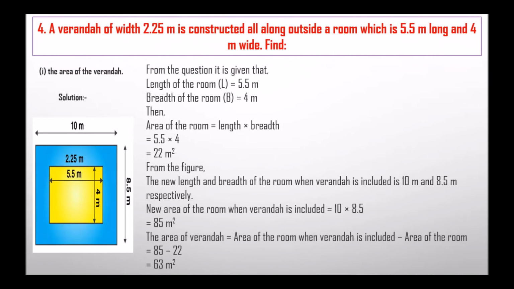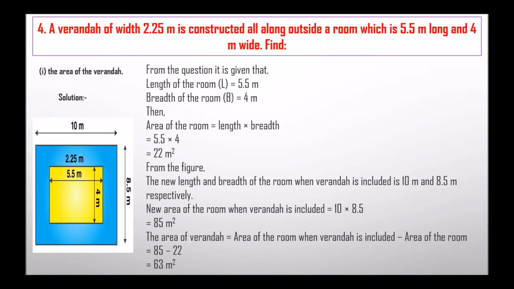Fourth, a veranda of width 2.25 meter is constructed all along outside a room which is 5.5 meter long and 4 meter wide. Find the area of the veranda. Length of room is given 5.5 meter, breadth is given 4 meter. Area of room equals length into breadth, that is 5.5 into 4 equals 22 meters square.